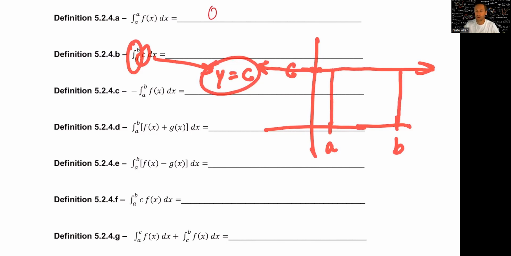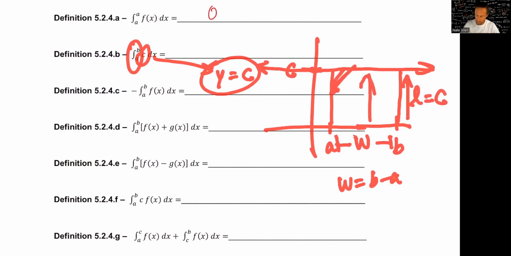And you can see that you've created a rectangular shape, maybe even a square for my quick little drawing. Either way, we know the width of this would be B minus A, and the height of this thing, the length, would just be whatever C is.